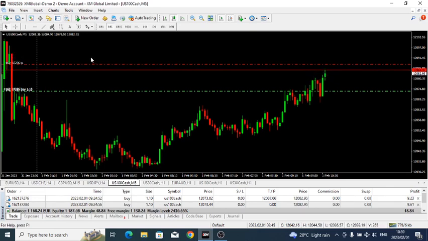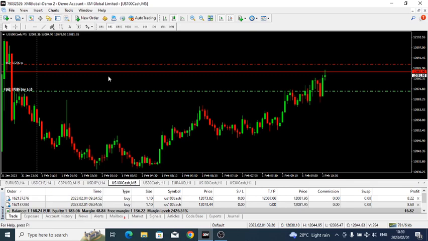So let's see what's going to happen. I'm trying to show those who do not know about order blocks what they mean on your chart. So let's wait and see.